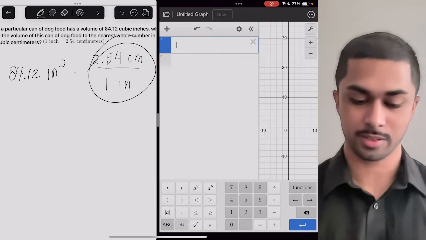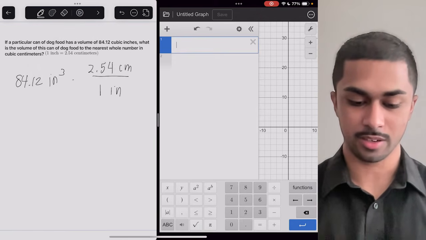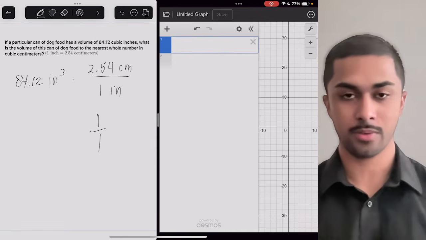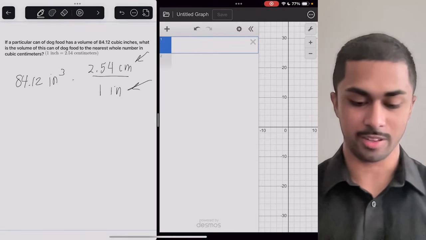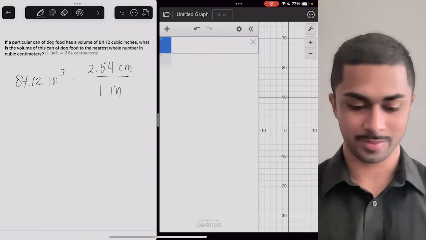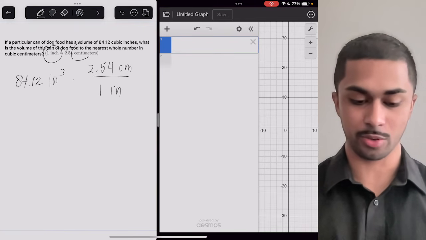Why did we do this? Because this fraction is actually just 1 over 1. Why is it 1 over 1? Because the numerator and denominator are the exact same, right? 1 inch is equal to 2.54 centimeters.